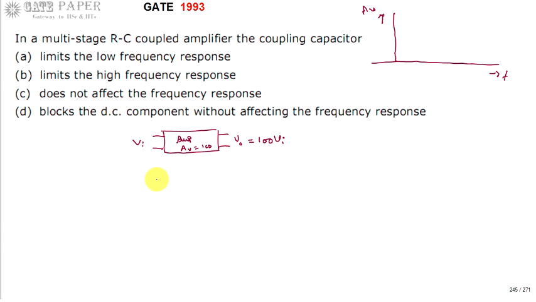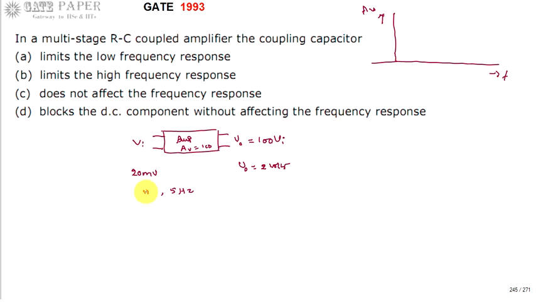Let us assume you are applying 20 millivolts. 20 millivolts into 100, what you are expecting is 2000 millivolts, which is 2 volts. This is what we are expecting ideally. Now previously we were not considering the frequency, but now I am considering the same magnitude with frequency.